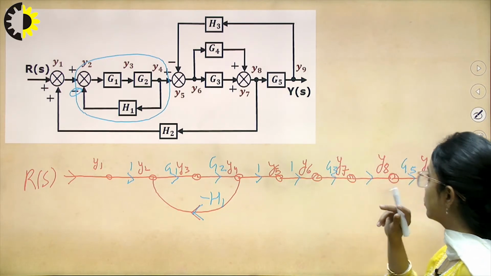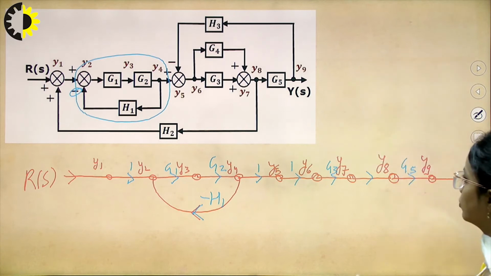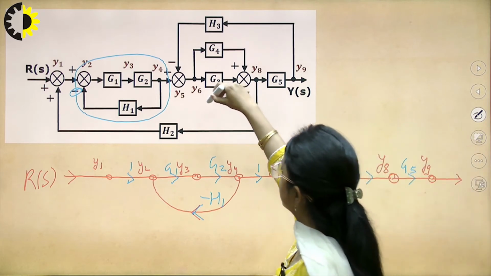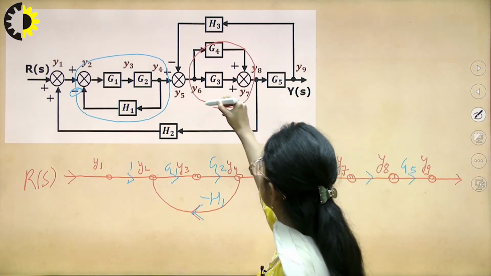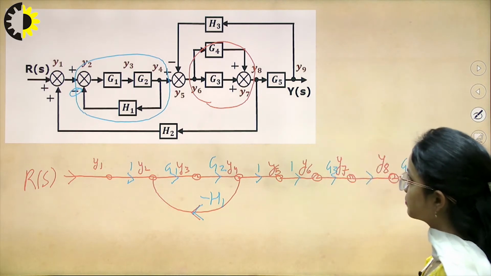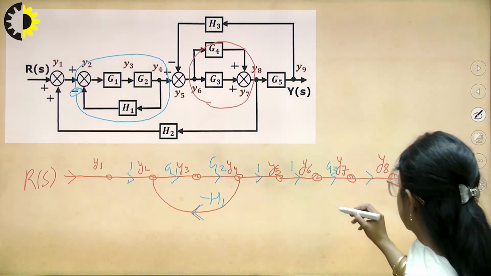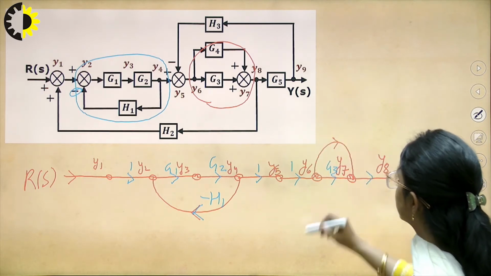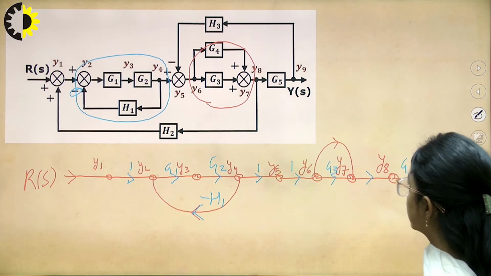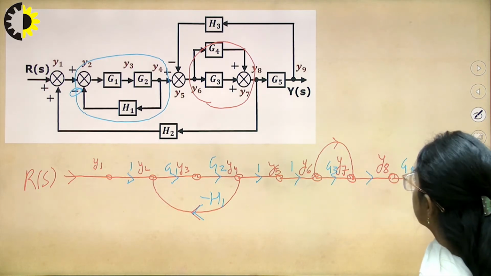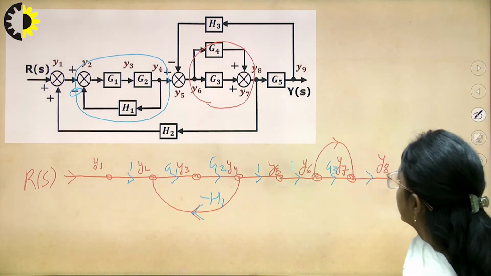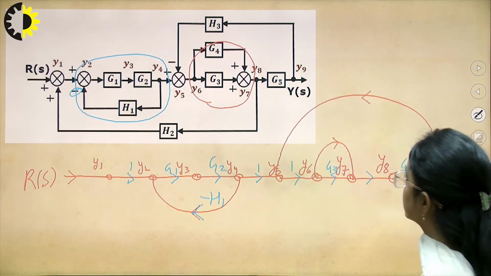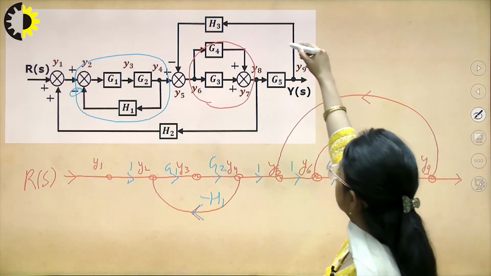Okay, so first I will make all the loops. Again we have a loop here from y6 to y7. From y6 to y7 we have g4, I'll write it later. Then from y9 to y5 I have another. So I have just made this one.